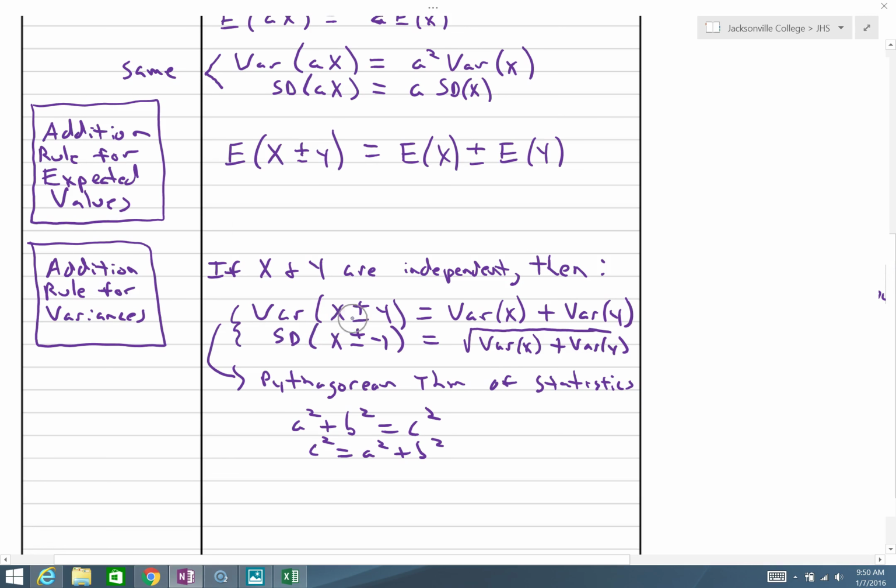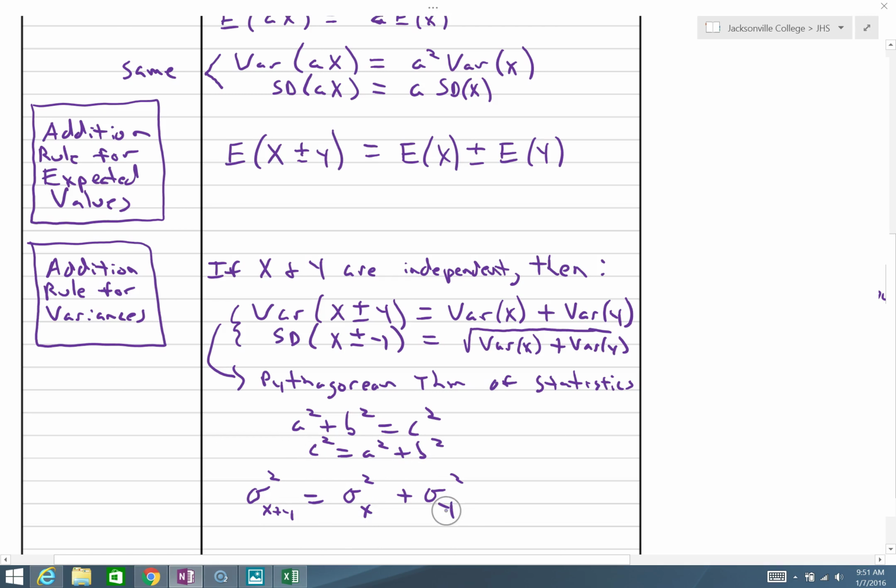So this variance of x plus y, I could rewrite as a quantity squared: sigma squared of x plus y is equal to sigma squared of x plus sigma squared of y. So here you see this is like my c quantity, and that's the square of my a, and that's the square of my b.